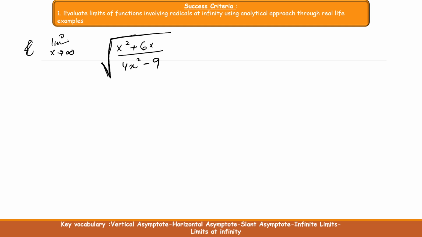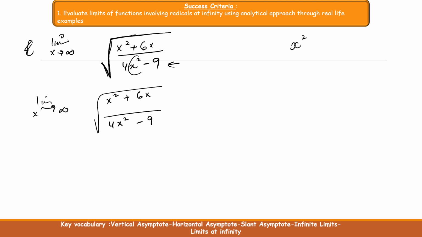So what do you do? You only focus on the denominator, take the variable with the highest degree, and after that divide the whole function, all the terms of the function, with this power. So right now I am writing the question as it is. Now in the denominator, the variable with the higher power is x square.